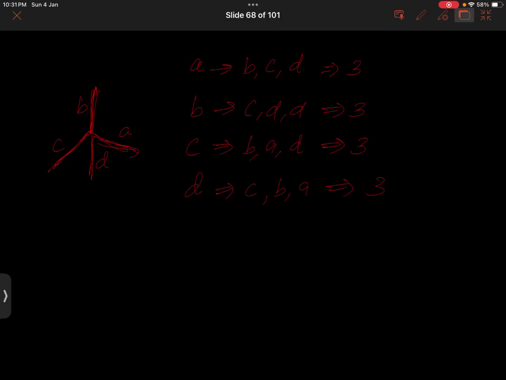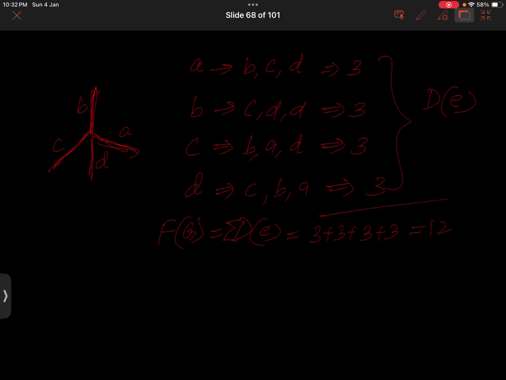So this is also 3. So f of G is equal to the sum of degree of edges. It will be 3 plus 3 plus 3 plus 3. This will be 12. So normalized plot number f of P is equal to f of G divided by 2. So 12 by 2, it is equal to 6. So these are the plot numbers for the neopentane.